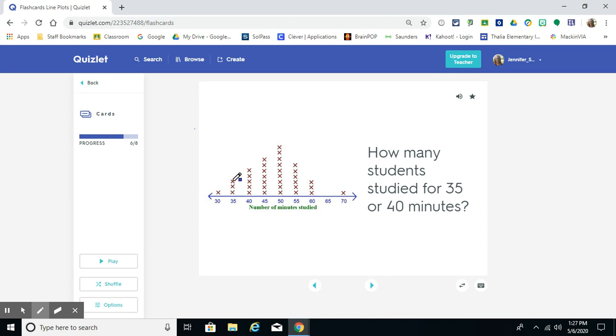That's 1, 2, 3 students. I'm skipping to 40. 1, 2, 3, 4, 5. It wants to know how many students studied for 35 or 40 minutes, which means I add them together. So 3 plus 5 is 8. 8 students is our answer.